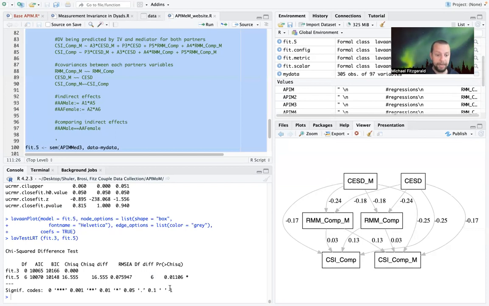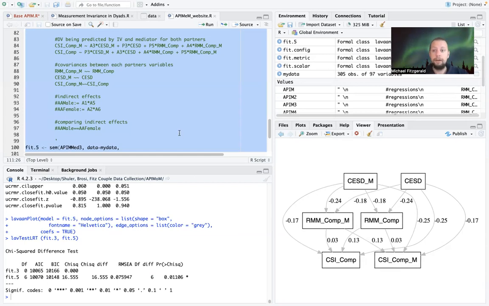You could also do it by hand, the old-fashioned way, by establishing your degrees of freedom difference, your chi-square difference, and then looking that up in a table. But again, modern technology allows us to actually conduct the chi-square difference test.